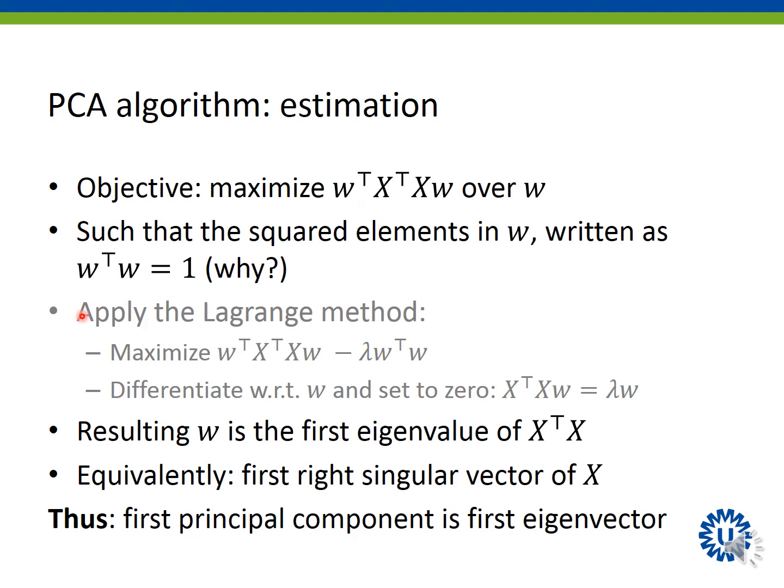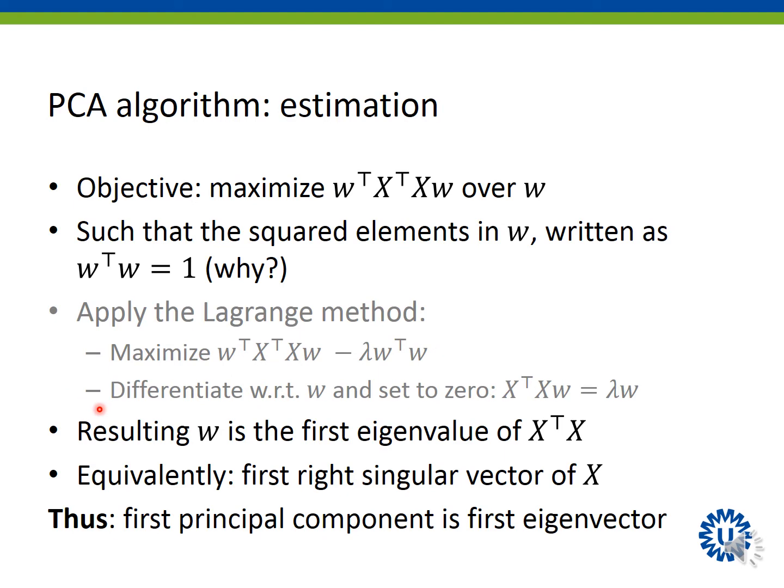This is something that you don't have to know, but to solve this maximization problem, we can apply the Lagrange method. The objective function is as follows. We maximize this sample variance minus lambda times the constraint, right? So the maximizer has to yield maximal variance and satisfy the constraint.